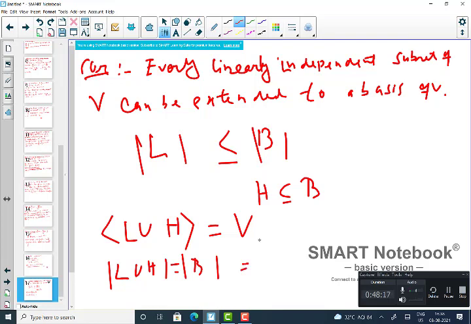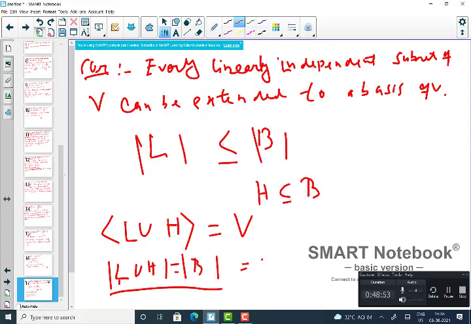Okay, so let me prove one more thing: that if it has a basis, then every basis has the same number of elements, obviously for finite vectors. So I will prove that every basis inside a finite dimensional vector space has the same number of elements, which we call the dimension. So dimension is always unique. We are going to prove it.